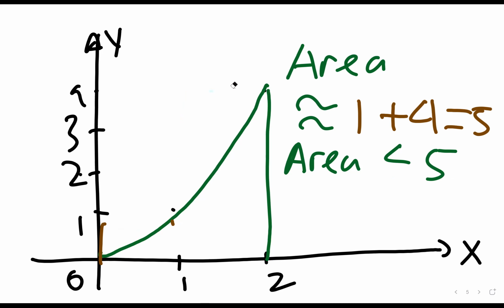Let us refine it in the following sense. Let us divide now the interval 0 to 2 into smaller intervals. Let's say if I consider the interval 0 to half, then half to 1, and 1 to 1 and a half, until 2, and do it similarly, I obtain a smaller rectangle.